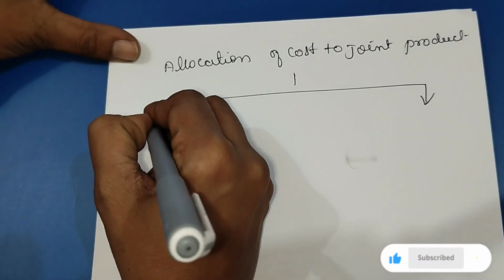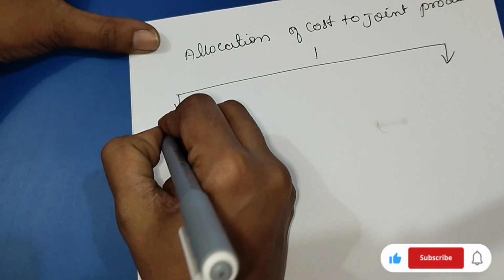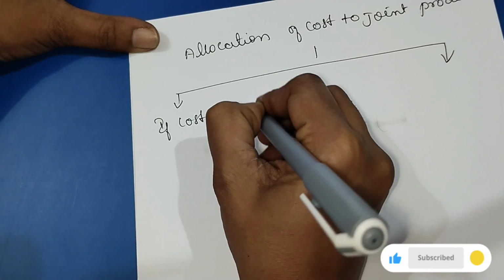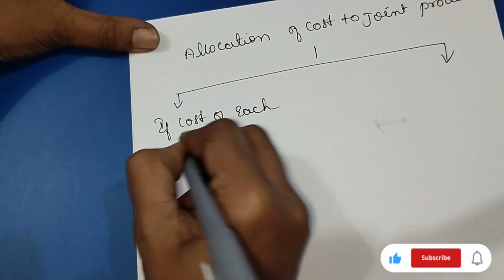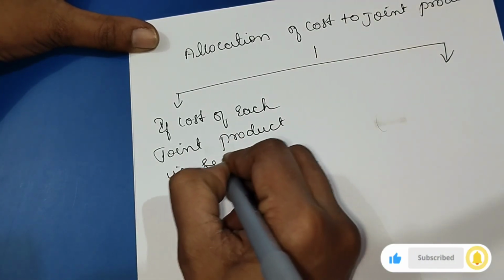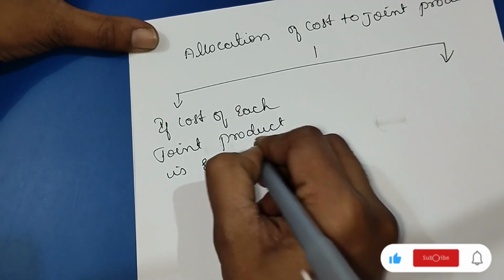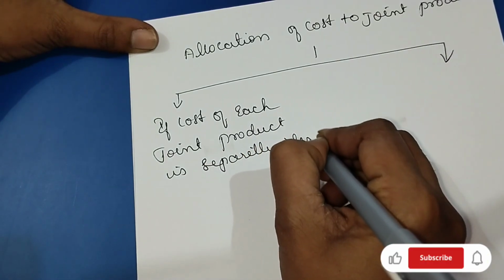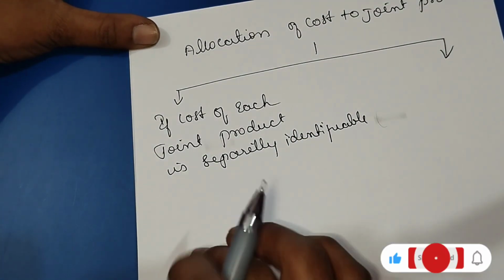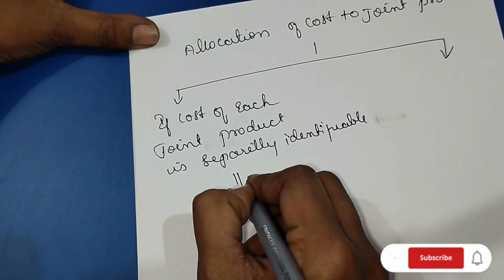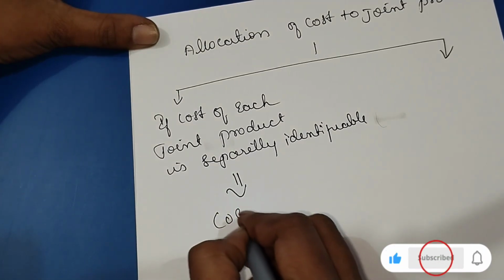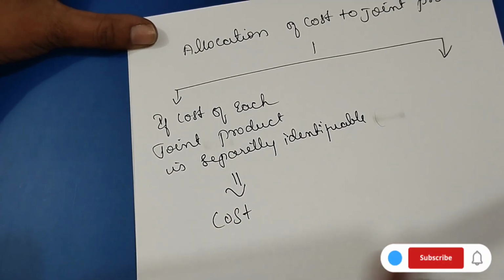The first thing, if the cost of each joint product is separately identifiable, then whatever cost they have incurred on each product, that will be considered.